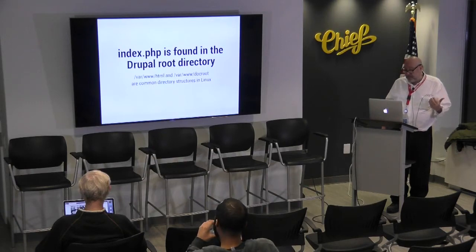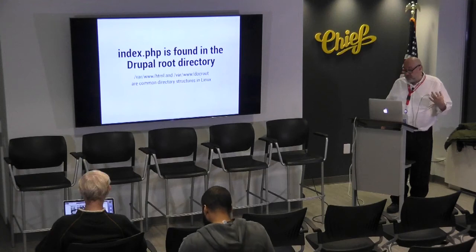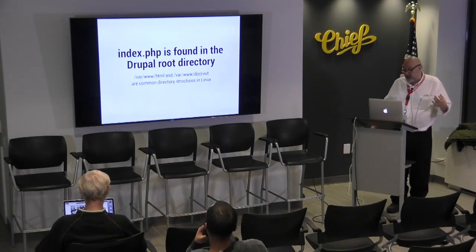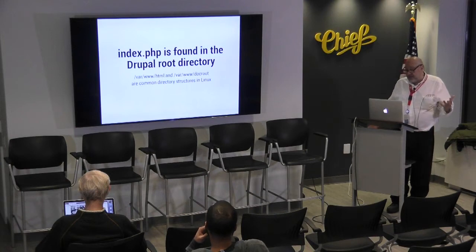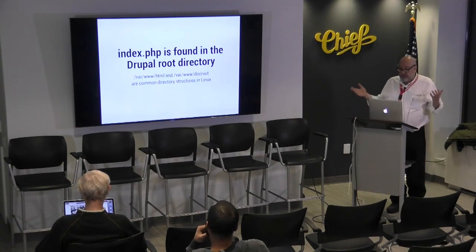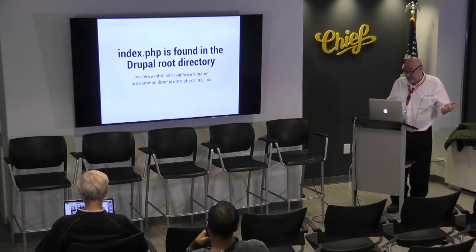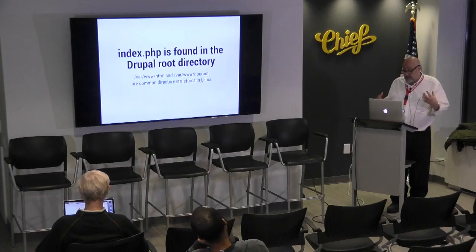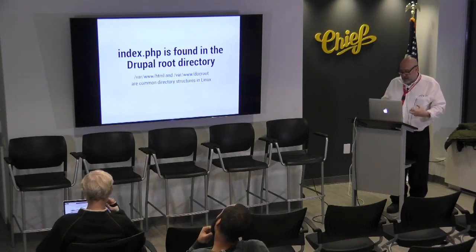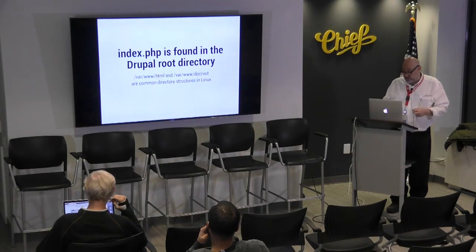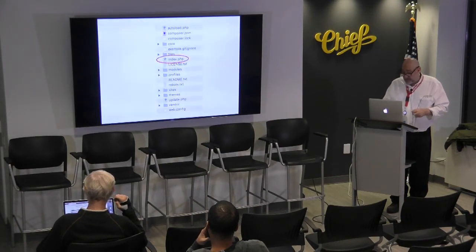Sometimes people give the root directory a nickname like web or HTML or docroot, but generally on Linux they put it at var/www/ and whatever name they're giving it in your particular case. But the Apache instance will know that that's your document root. And that's where it has to go.